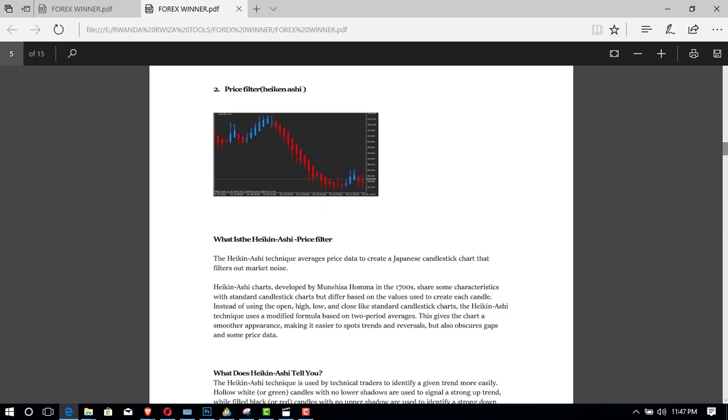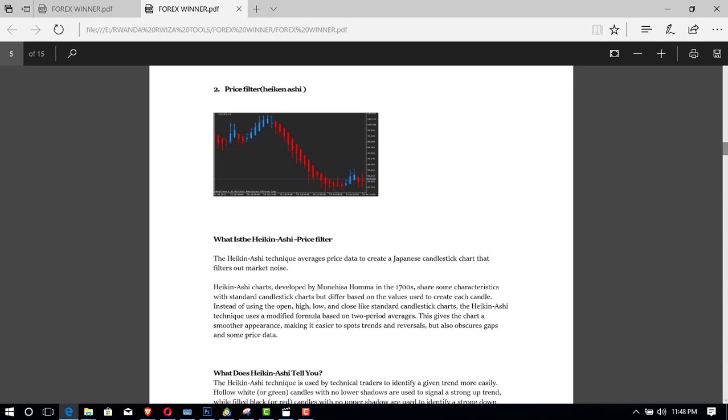For example, instead of getting two false reversal candles before a trend comes, a trader who uses the Heikin Ashi technique is likely to receive only the valid signal. Okay, let's continue on the wave indicator.